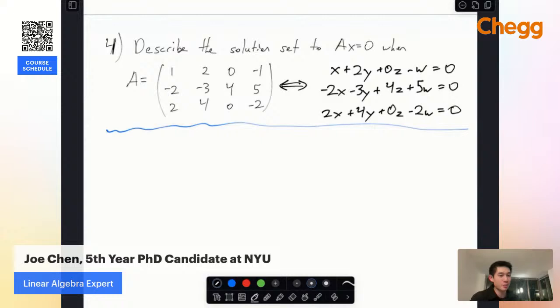So it would actually be in R4, there are 4 variables, and so you cannot really draw that. This is no longer something you can check by just drawing.